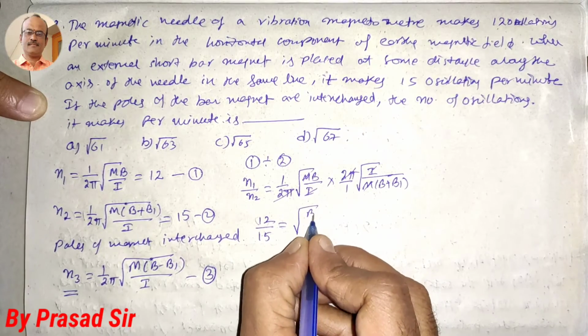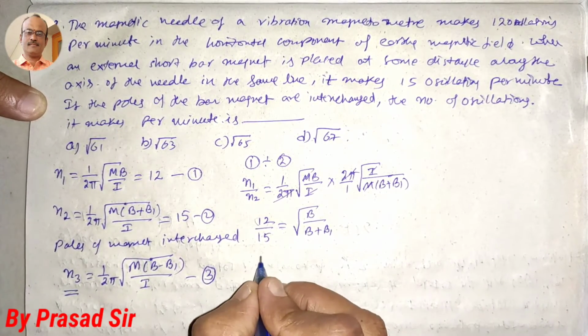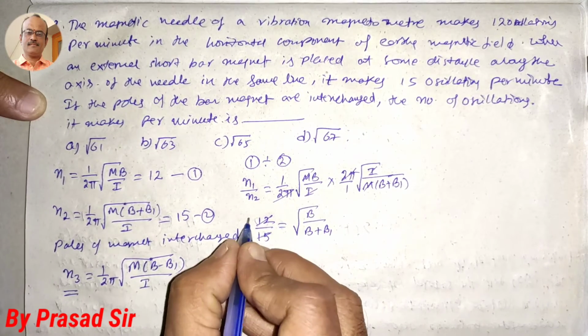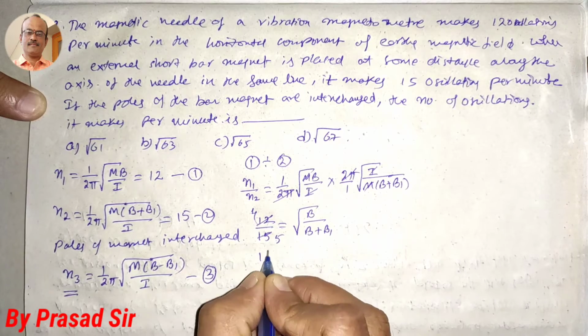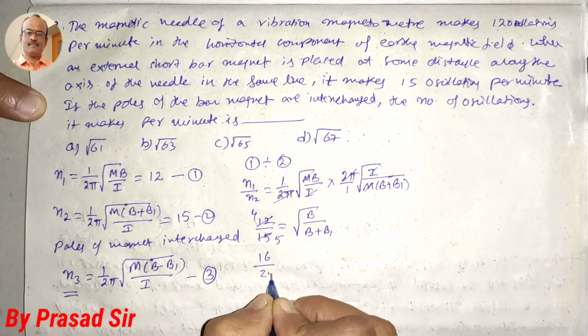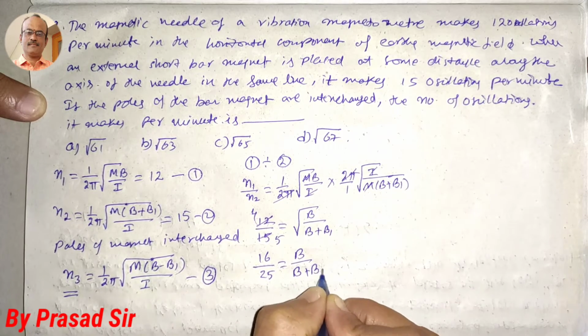So remaining is B divided by B plus B1, squaring on both sides. 3 4s are 12, 3 5s are 15, squaring on both sides, 16 by 25 is equal to B divided by B plus B1.